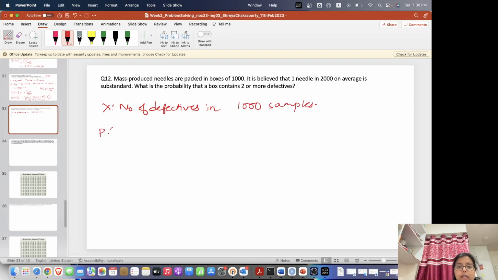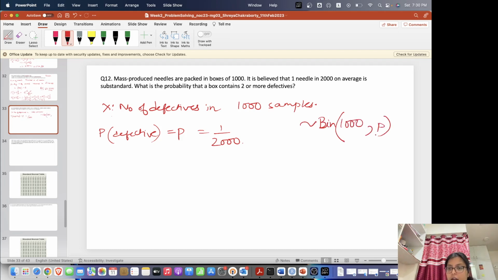So the probability of each needle being defective, let us denote it by p, is 1 by 2000. So the number of defectives in 1000 samples follows a binomial 1000, p, where p is the success probability or probability of defective.